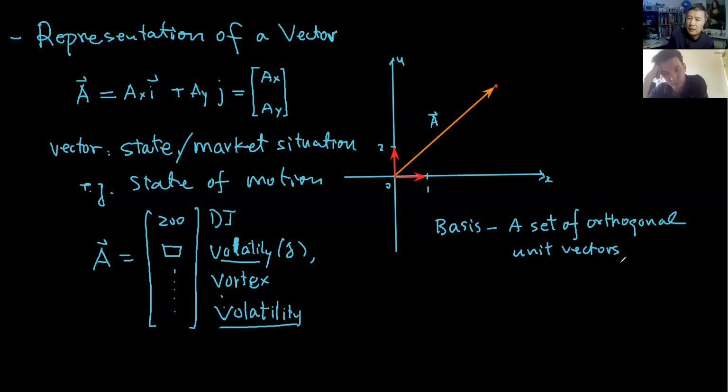So this is an important concept. When you want to represent a vector, you have to choose a specific basis. In this 2D case, the two basis vectors here are i and j.